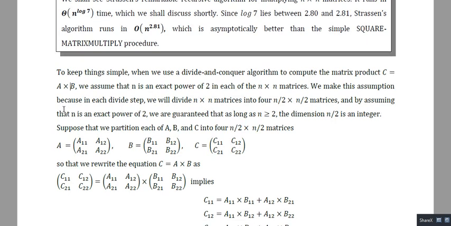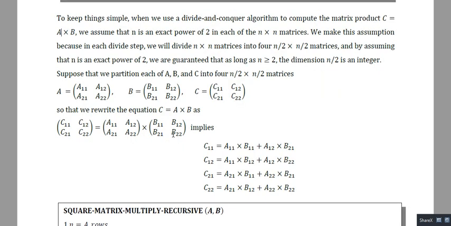So we are dividing matrix A into 4 submatrices like A11, A12, A21, A22, and B into B11, B12, B21, B22. Let's say C is the multiplication of A and B. Again, let us divide C into 4 different submatrices like C11, C12, C21, and C22. So we can write the equation C equal to A into B. In place of C we are writing the 4 submatrices, and similarly for A and B, right?